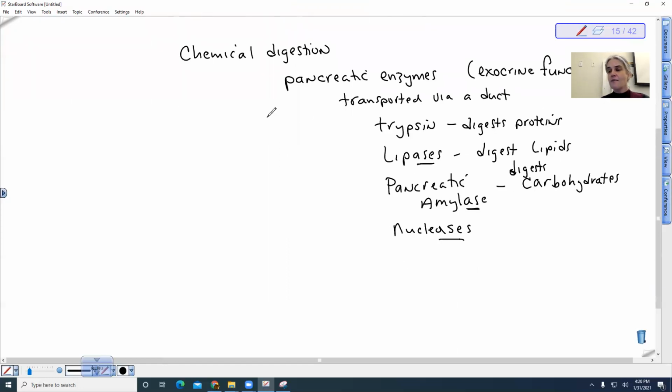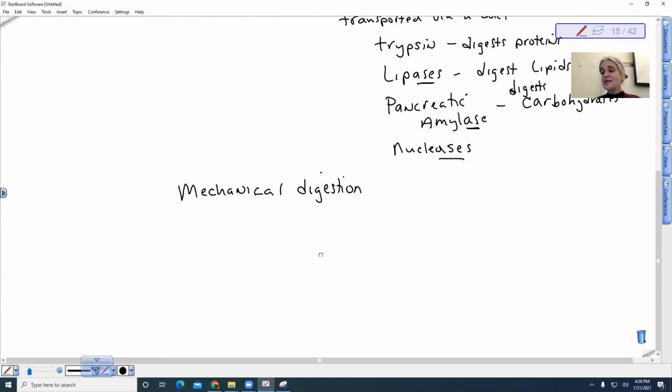We also have mechanical digestion, and this is a very strange example of mechanical digestion because it is a chemical that does it, but it's not an enzyme. That's really important. So this is where we have bile. You may have vomited enough that you've actually gotten bile from your small intestine up, right?